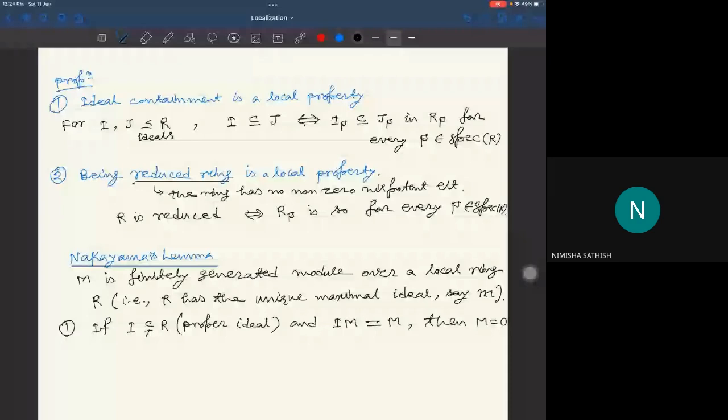Talking about this Nakayama lemma, you have a second statement also. Suppose you have a module that is given to be finitely generated, and you want to find a generating set of that module.